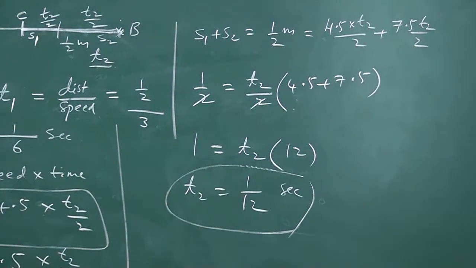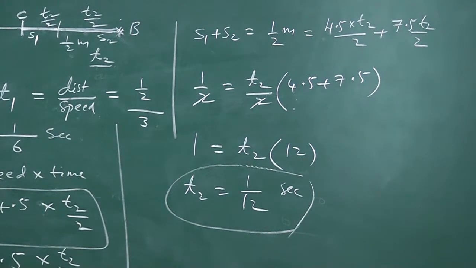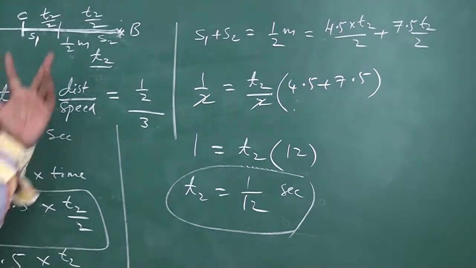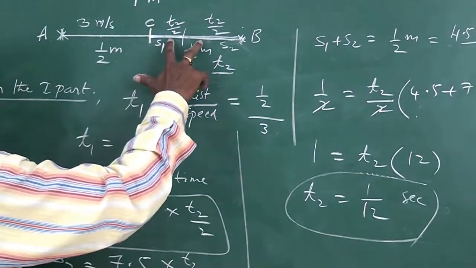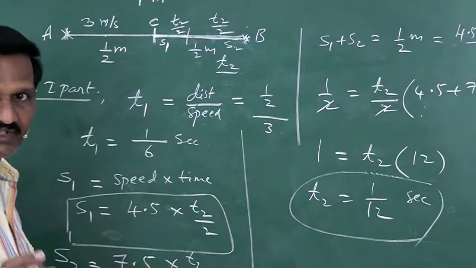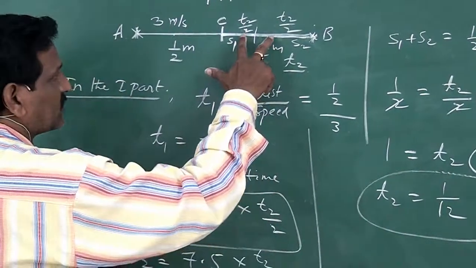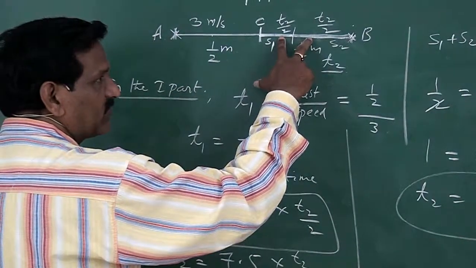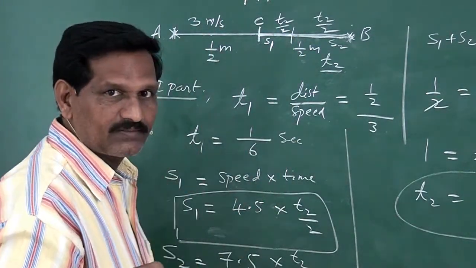This way we calculate the time taken for the car to cover the second half distance, because this second half distance is not covered with a single speed. This half meter distance is covered with two different speeds but in equal time intervals.